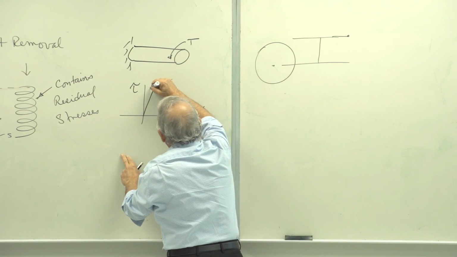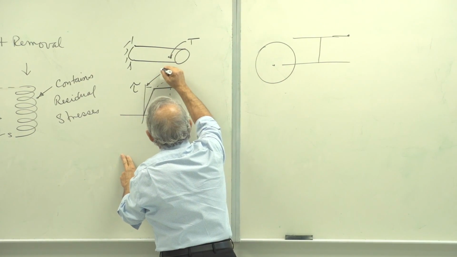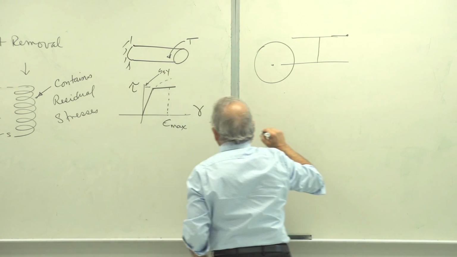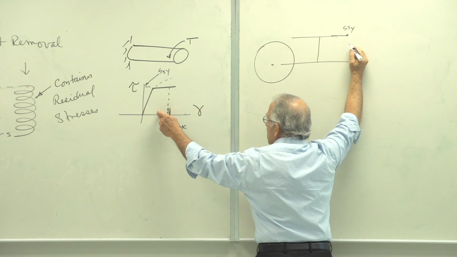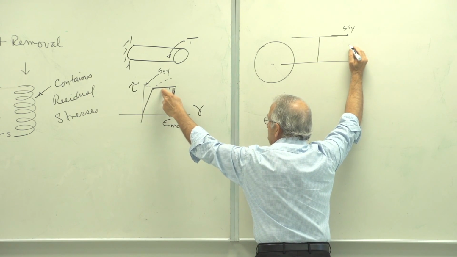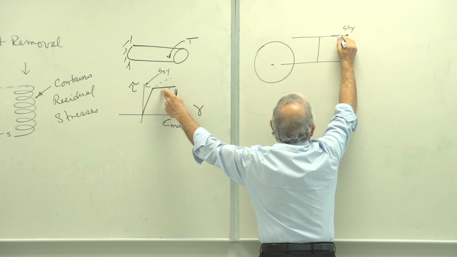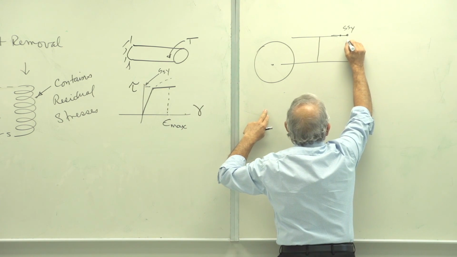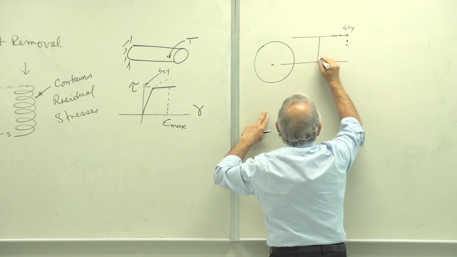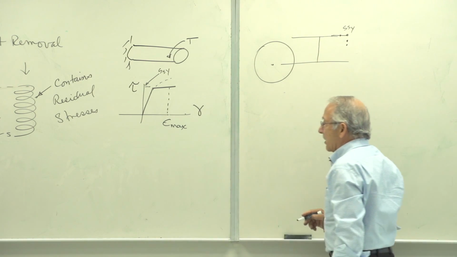This is SSY, by the way, yield shear stress, SSY. And next point next to it, same stress. Next, well, actually I should come down this way. Next stress, and I'm getting closer and closer to the center now.